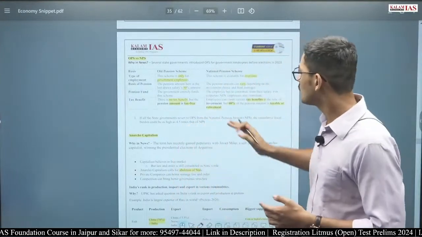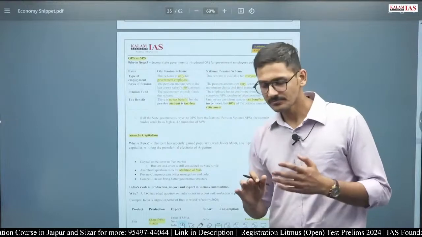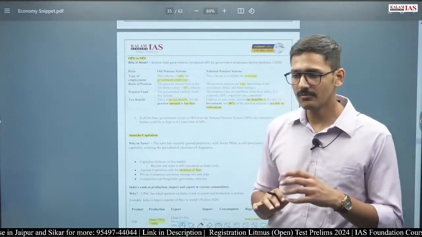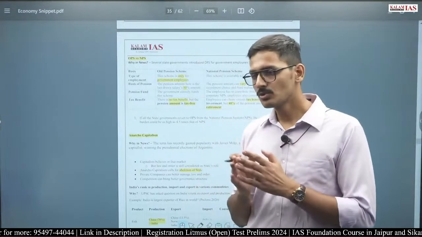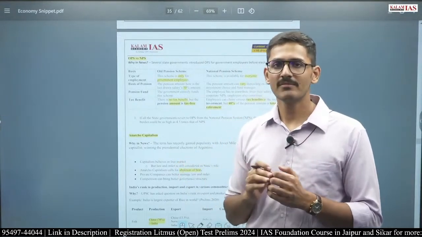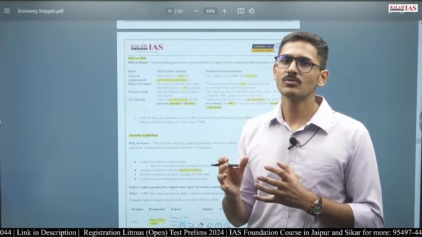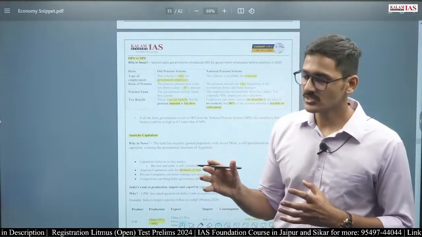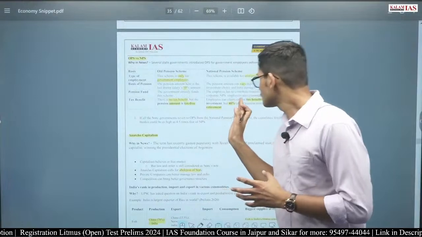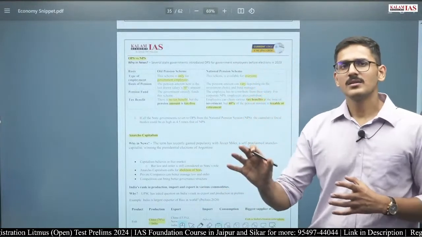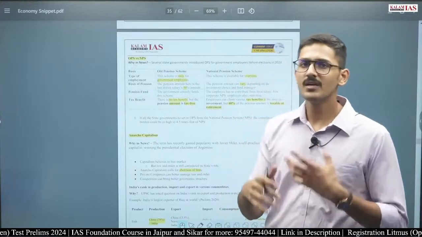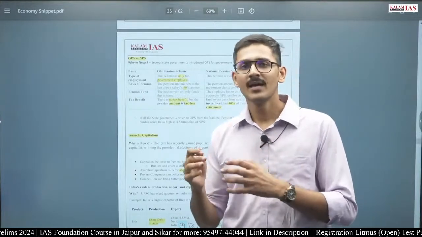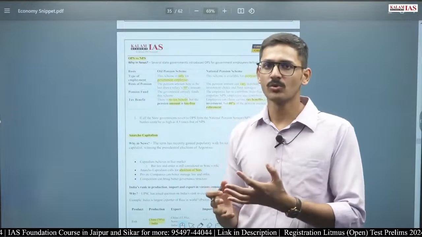Now in the national pension scheme, I will not get any money if I have not contributed any money. For example, to get benefits under the national pension scheme, every month I have to contribute a certain amount of money in the national pension fund. The pension that I will receive after retirement will depend upon how much I have contributed and how much this money has grown.